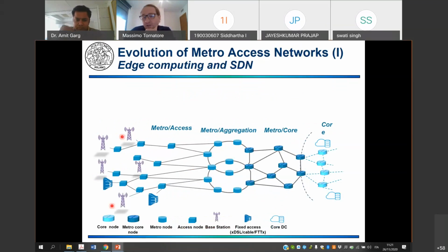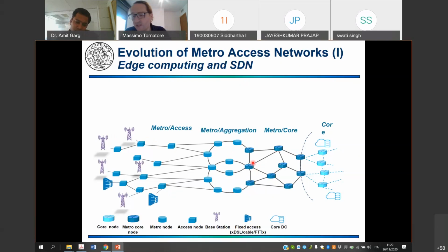You have leaves, which are basically the users and the base stations, the fixed users, which are these elements, and the base stations. The leaves of the network are connected typically through a tree-based architecture to the ring-based architecture in the metro, which is becoming more meshed even today, especially in the higher hierarchy.